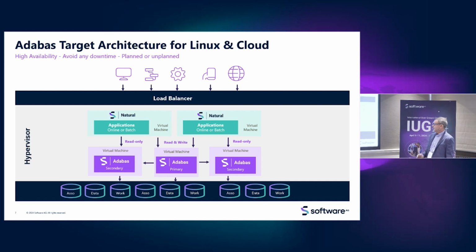So, moving on to our cluster architecture, what we've done now is split up the application from the database, and we have our cluster database based on a shared nothing architecture, which eliminates all possible single points of failure. Currently, only our primary is the read-write nucleus, and the two secondaries are read-only.